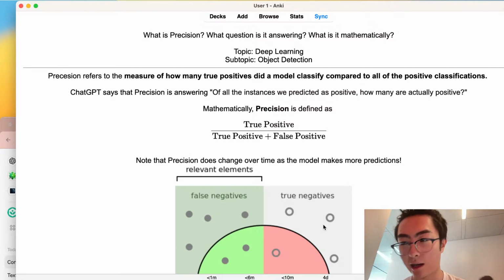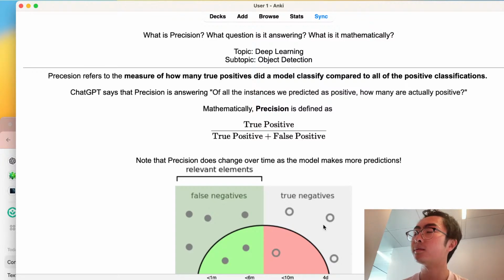But precision at a high level, it's a measure of model performance, model accuracy, and really it's a measure of how many correct positive predictions your model made relative to all of the positive predictions that your model had made.